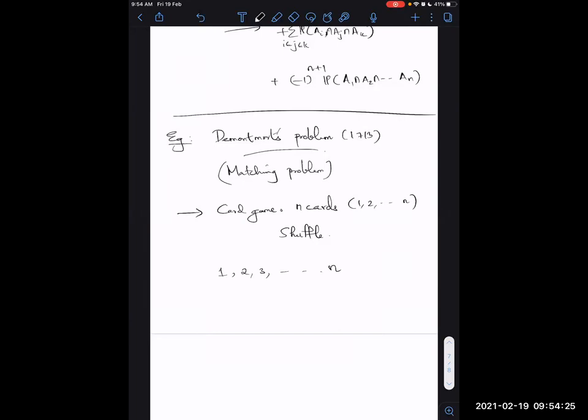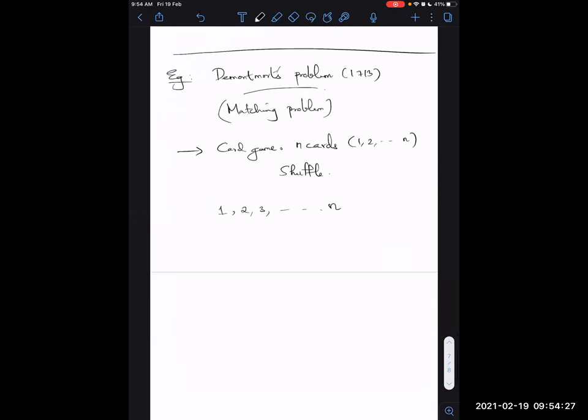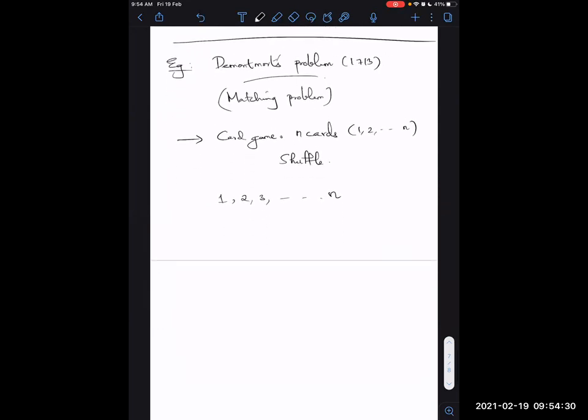So the question is this: what is the probability that when you flip the nth card, you will see the label n? So this is the question. Flip the nth card, it should be labeled n.